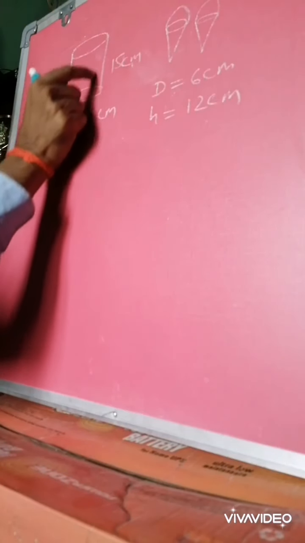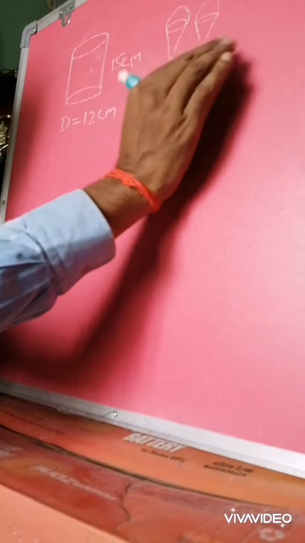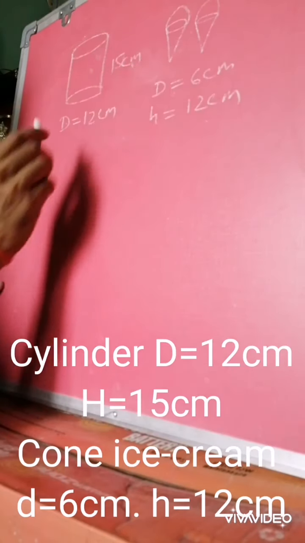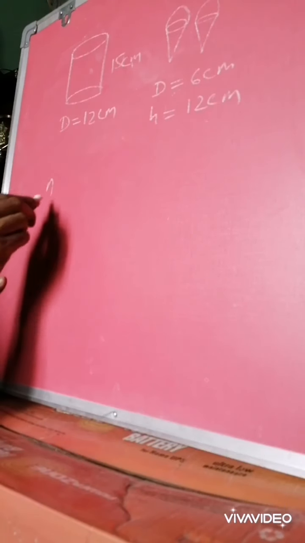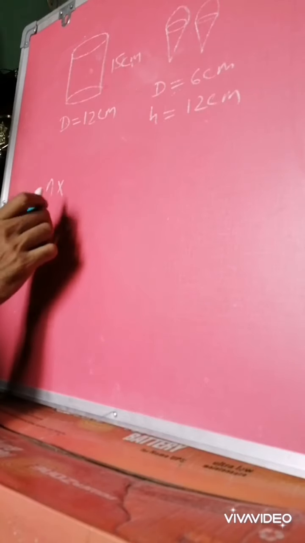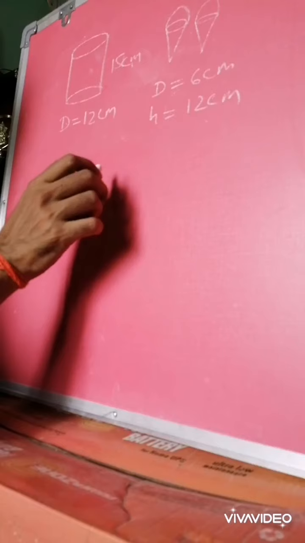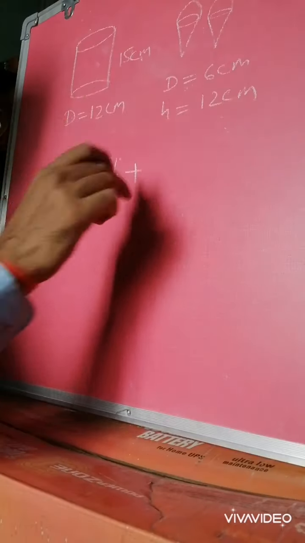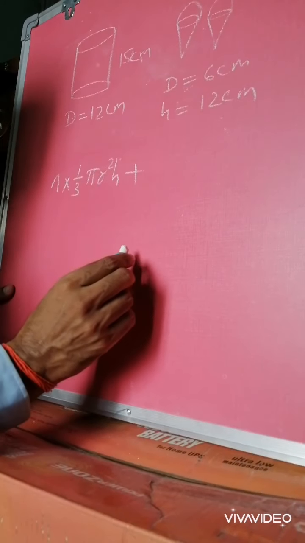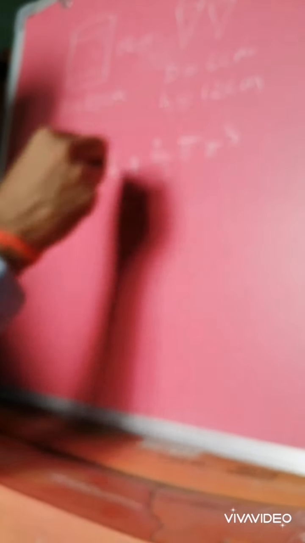So the volume of ice cream in the container is equal to the volume of all the cones. Let us consider that n cone ice creams can be formed. So the volume of n cones will be the cone formula 1 by 3 pi r square h, plus, as the hemispherical top is there, the volume of the hemisphere is 2 by 3 pi r cube.